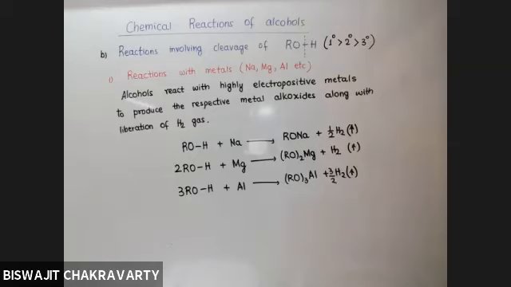Because alcohols are leaving their hydrogen when treated with metals, and metals have basic character. So a base will react with acid to form salt, but it's not a hydroxide, it's a metal. So along with the metal alkoxide, which is a kind of salt, hydrogen gas is getting liberated.